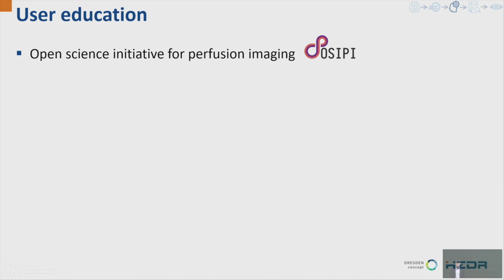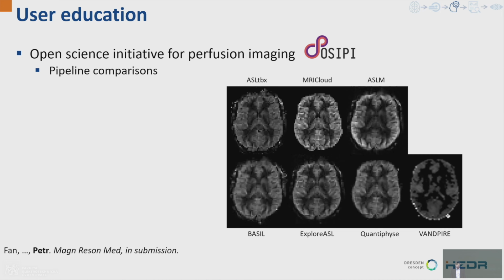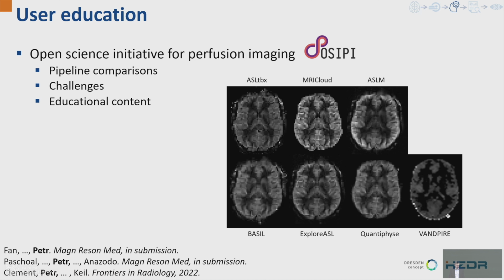So I lead one of the task forces for ASL within this initiative, and we do many things like comparing pipelines together, making challenges, explaining to people how things work, and we also focus on educational content to provide users with manuals and with training.